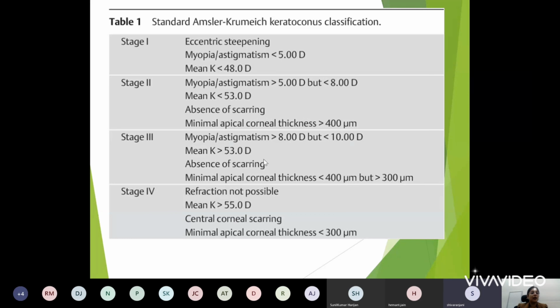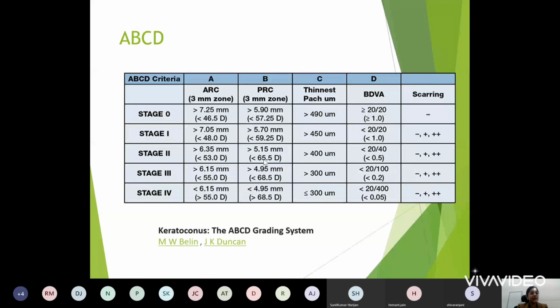That's why Michael Belin sir has come up with the ABCD classification with 4 stages. Stage 0 is normal, and there are stages 1, 2, 3, 4, where 4 is the highest risk. What is ABCD?